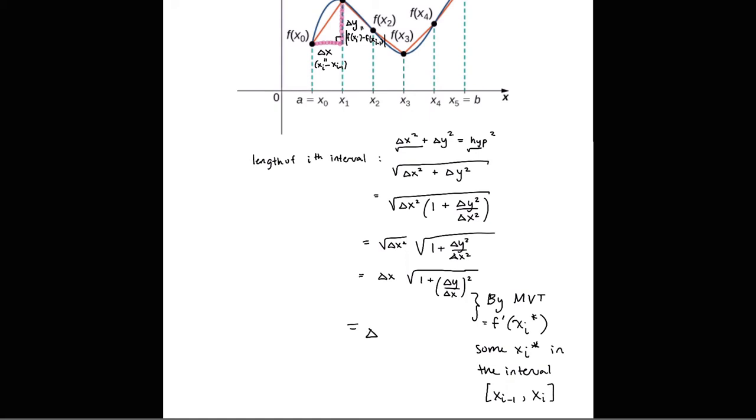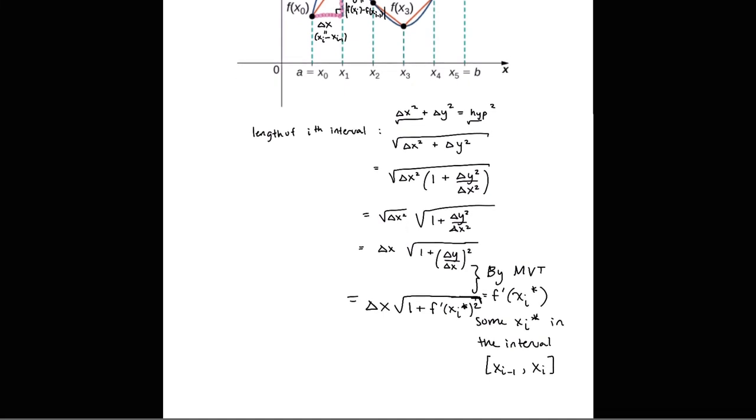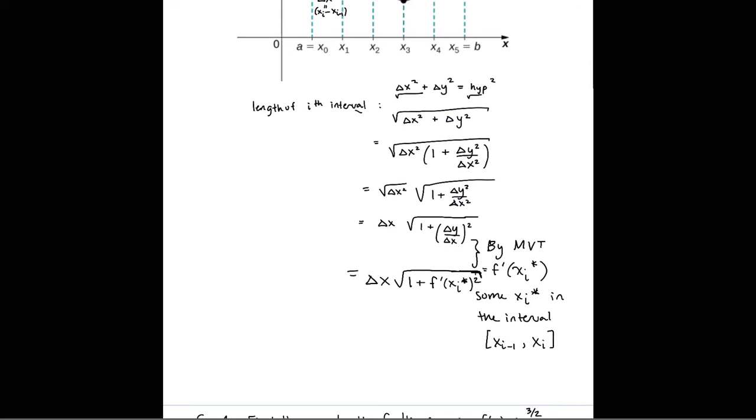So now we're allowed to rewrite this as delta x times the square root of 1 plus f prime of x sub i star quantity squared. And this is a nice enough formula because I can see now everything's in terms of x sub i's. When I go to write my approximate arc length of the whole curve, remember we're going to range our i from 0 to n minus 1.